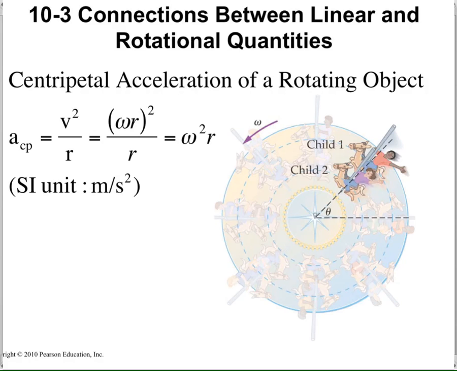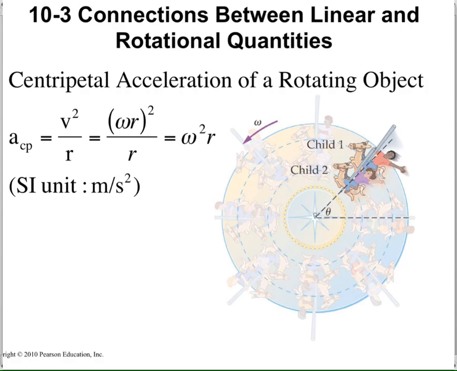And since I know now v in terms of omega and r, I can replace v with omega r. If you do this, the centripetal acceleration may be expressed in terms of the angular velocity of the uniform circular motion, and it is the square of the angular velocity times r.